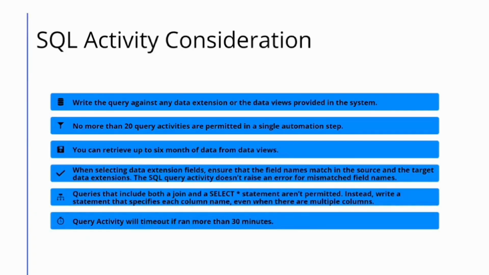If you are processing data which takes more than 30 minutes, the query will auto stop. So you have to make sure that you process only that much data which you can consume in 30 minutes. The other most important consideration that will definitely be asked in your interviews is, you can only query 6 months of tracking data from data views.